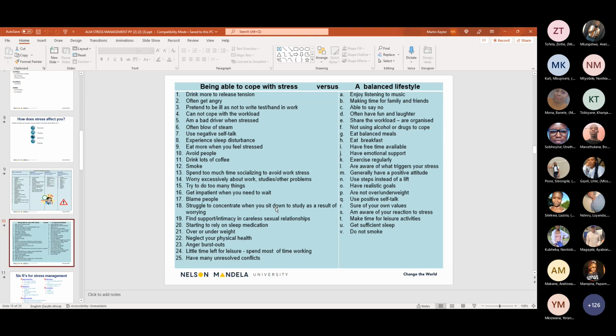On the left corner, that's numbered from 1 to 25, it lists ineffective ways of coping, or indications of stress, such as drinking more to release the tension.